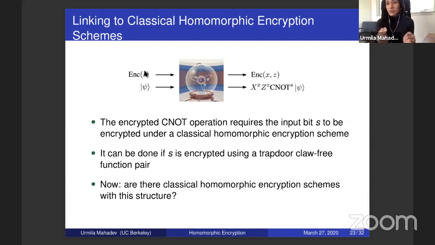So he just sees the encryption of S, and from that, the server should be able to compute public descriptions of F0 and F1, which constitute the TCF encryption of a bit S. And if there are classical homomorphic encryption schemes which allow him to convert encryptions in this way, then he's done, because he starts with his classical homomorphic encryption of the bit S, he computes F0 and F1, then he can very easily do the encrypted CNOT operation, and that's all he needs to do.